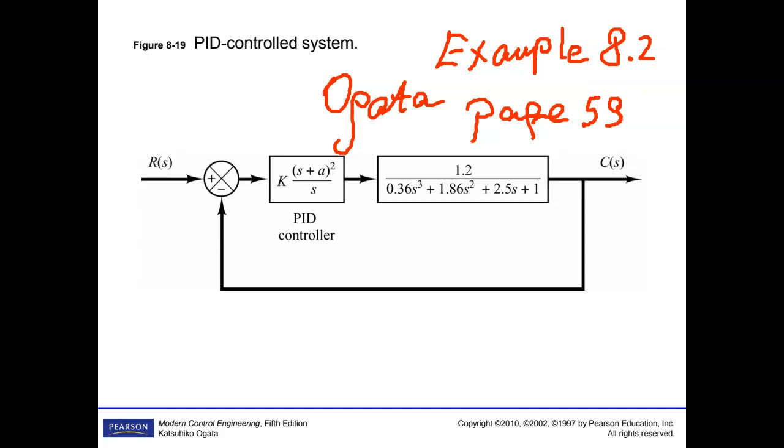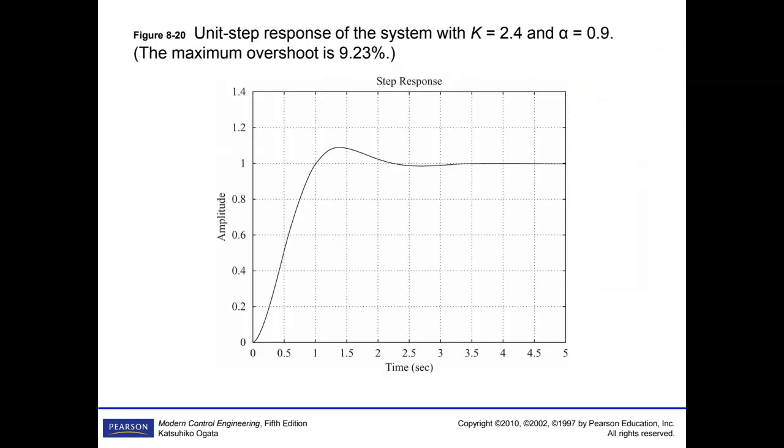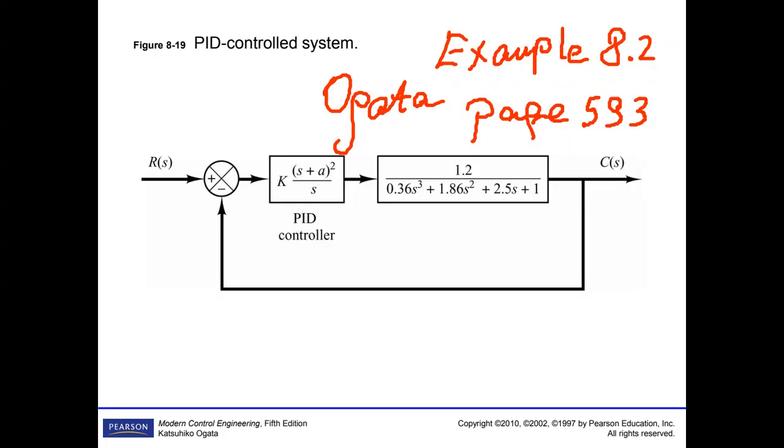If you want, you can use it in your future engineering life, and you can see, for example, that 9% overshoot is achieved for this example. Settling time is somewhere around 2.5 seconds or something like this.